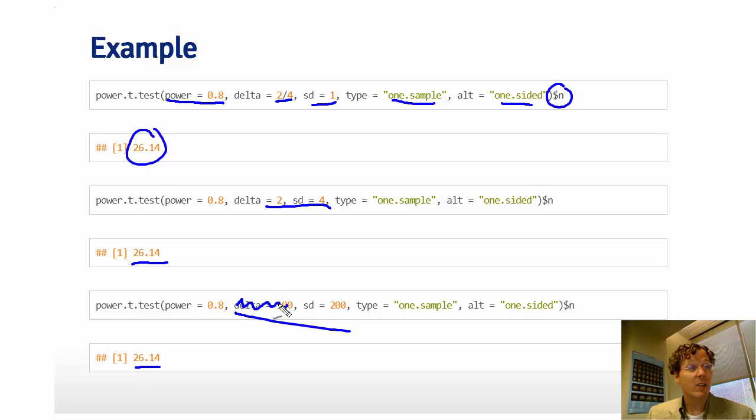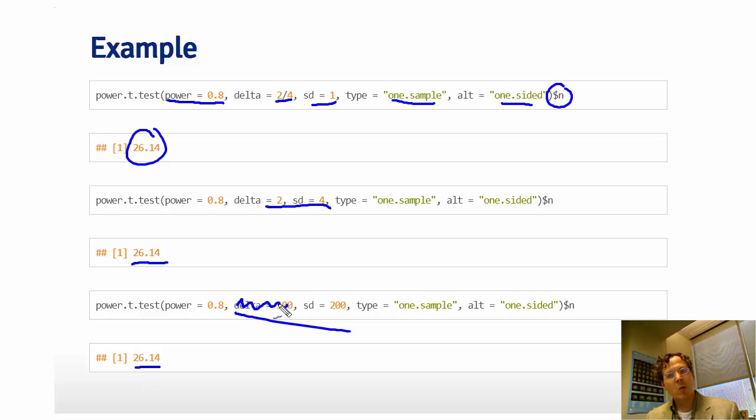I would say that I almost always use power.t.test as my first attack on a power calculation. One of the main reasons behind this is that power has a lot, as I think I've maybe explained throughout the lecture, power has kind of a lot of knobs and dials that you can turn, and it's very easy to get tripped up on thinking that you have better power than you have, or thinking that you need a smaller sample size.